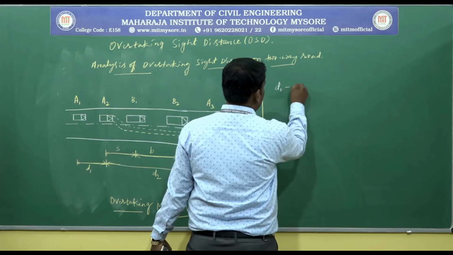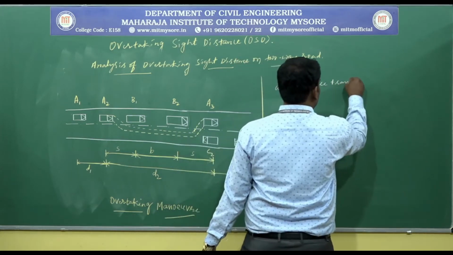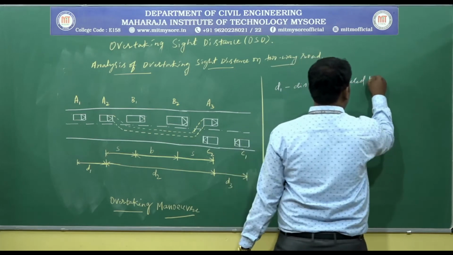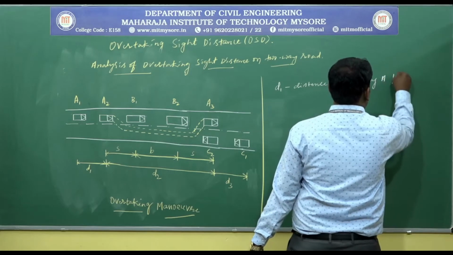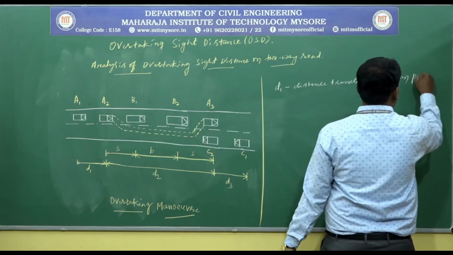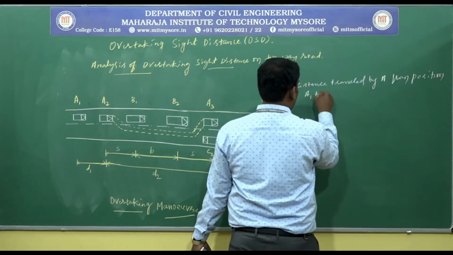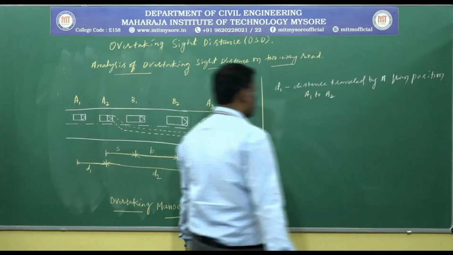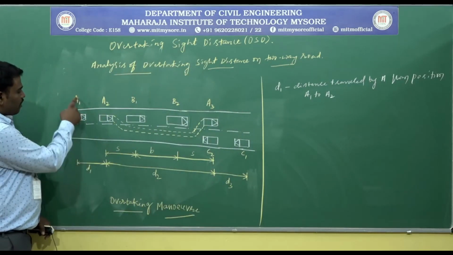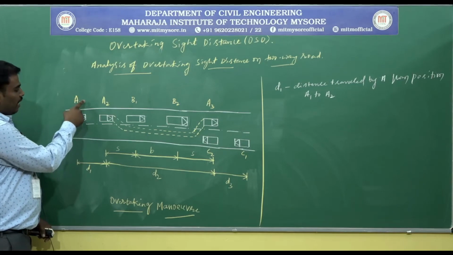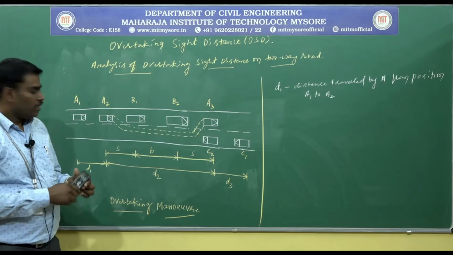D1 is the distance travelled by the overtaking vehicle A from position A1 to A2. What will happen?